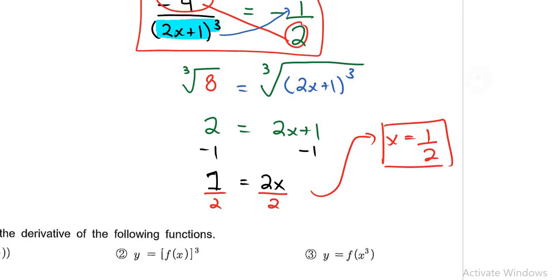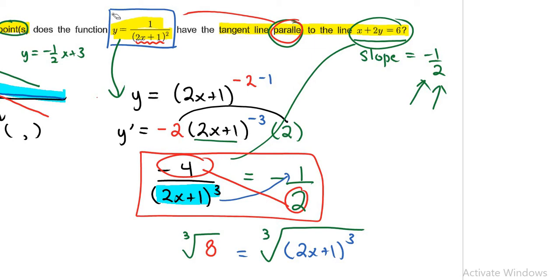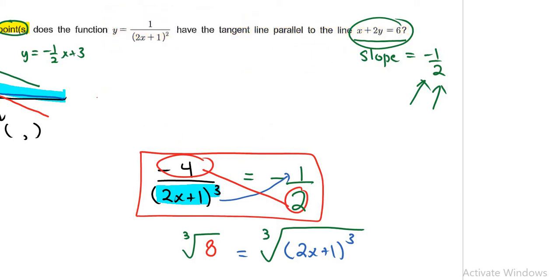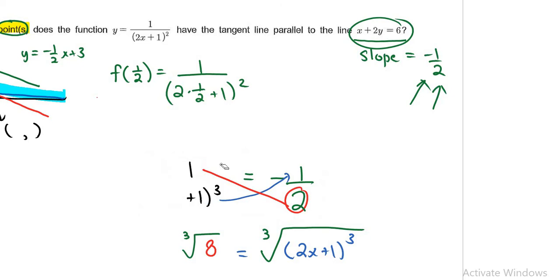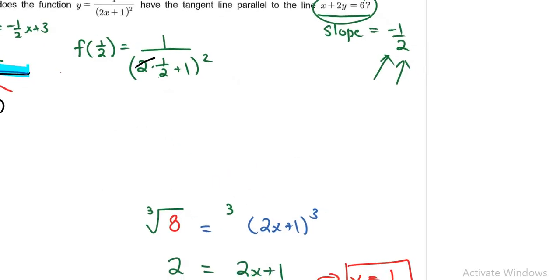And in order to find the y value, I would go back to the original problem here. So I'm going to erase all this. I need to evaluate f of 1/2 by plugging in 1/2 into the original problem. So this would be 1 over (2 times 1/2 plus 1) all squared. So tons of work for this particular problem here, and you'll notice that these guys will cancel off.